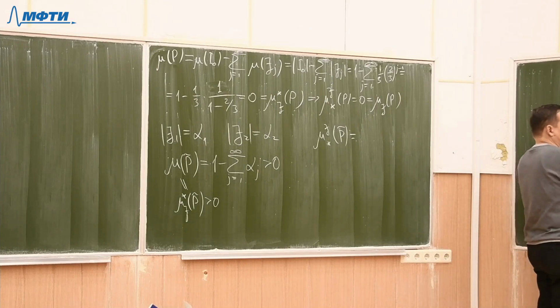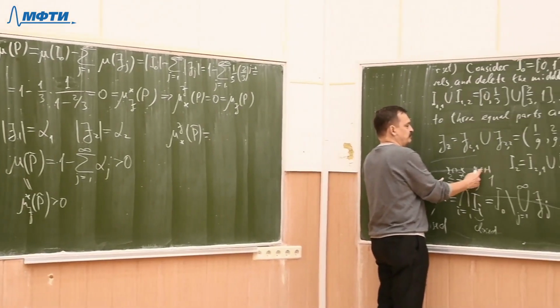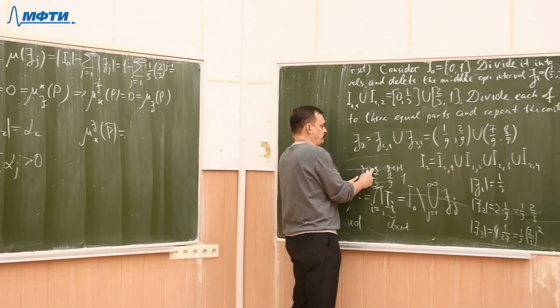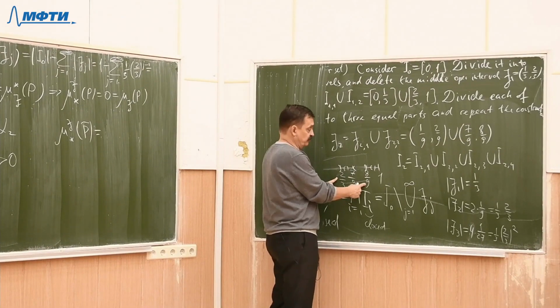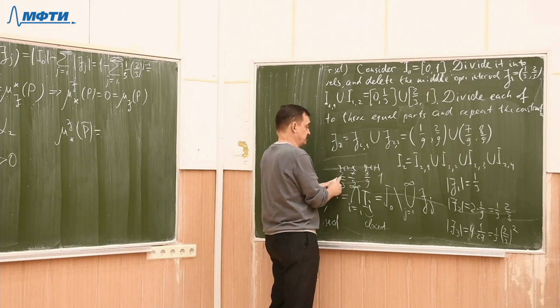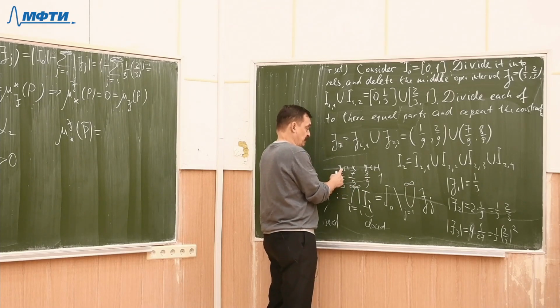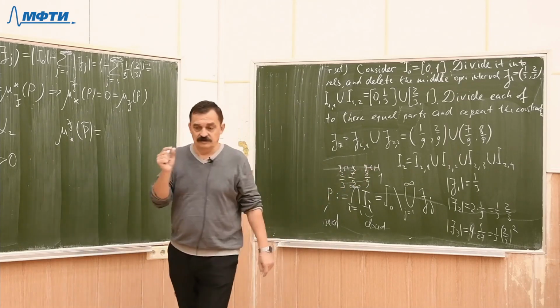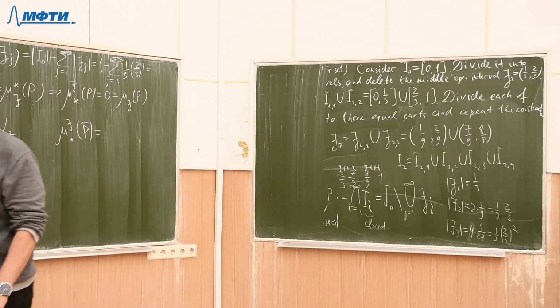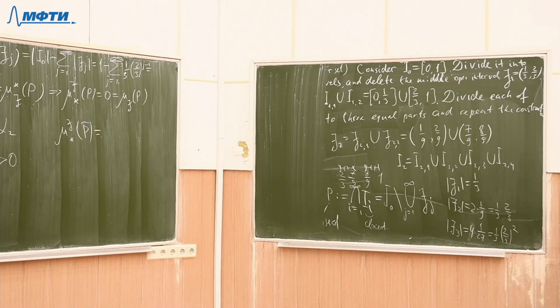Every time we delete something in every one of those parts, now not necessarily 2 over 3, 7 over 9, 8 over 9, now different numbers are here, right? But every time we delete the middle part in each of those intervals. The middle parts now have larger lengths, but doesn't matter.